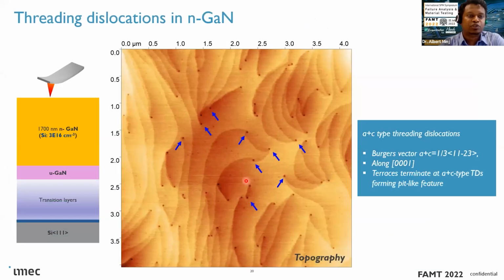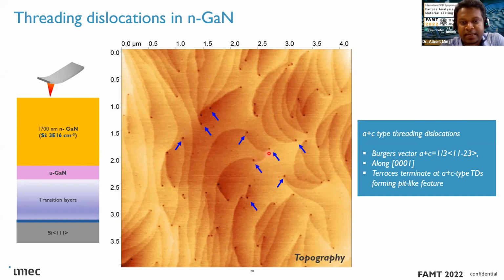Now we want to move towards the second way of studying dislocations, which is of course not possible on the PN diodes, if you're interested in the N-type gallium nitride drift layer. So here we stop the growth within the drift layer, and this is how a typical morphology looks. What you're seeing here is a step terrace morphology with little dots.